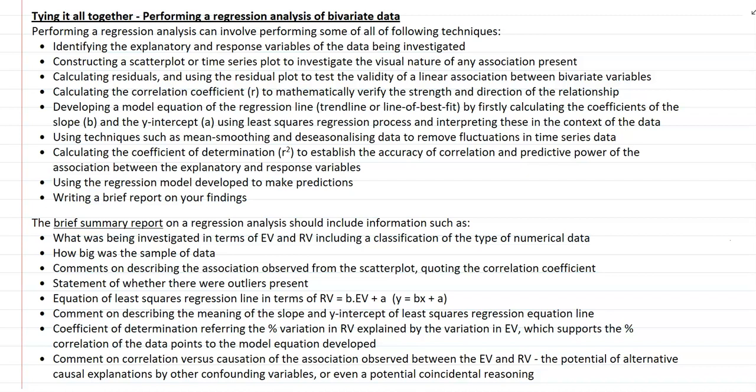And you can perform a regression analysis using the various techniques and be able to analyze and then interpret the findings between the variables you're investigating. Depending on your assessment item, hopefully that helps you to briefly summarize your findings between the variables you may be investigating.